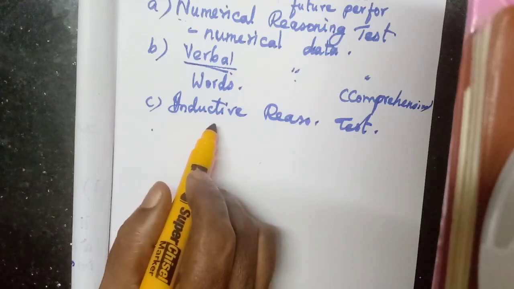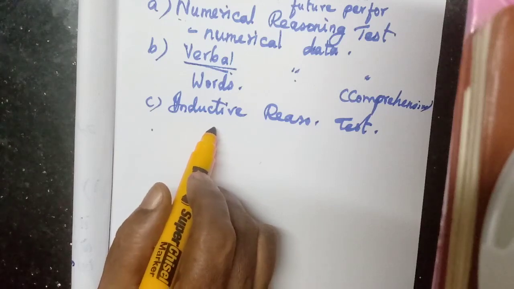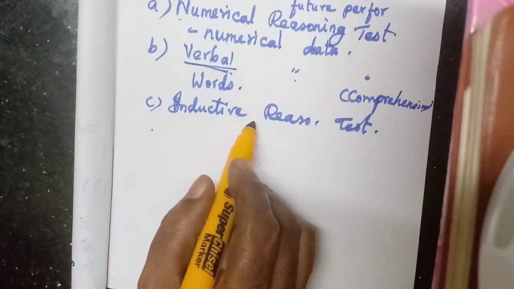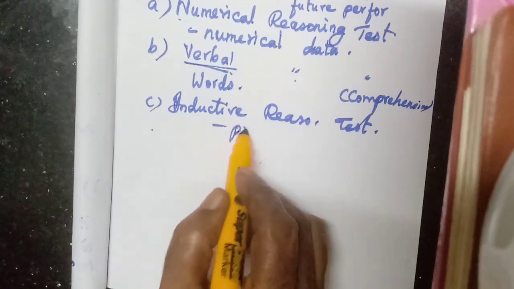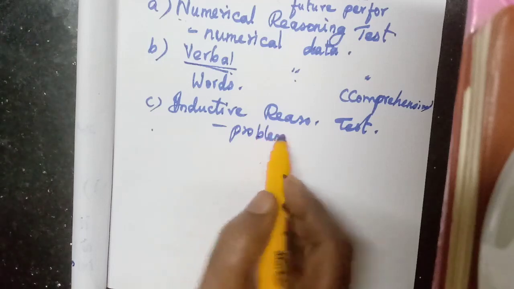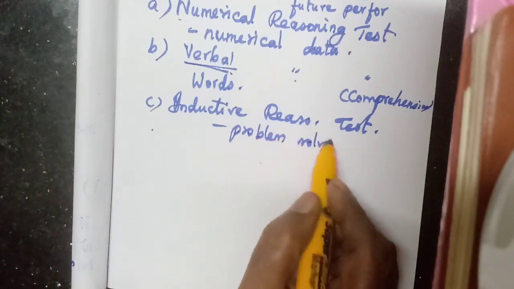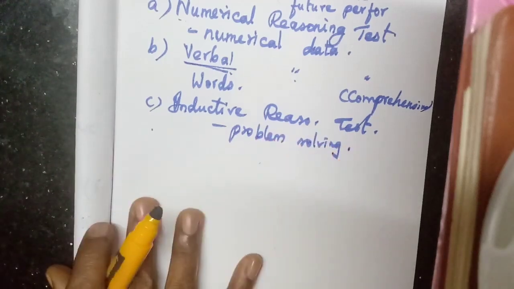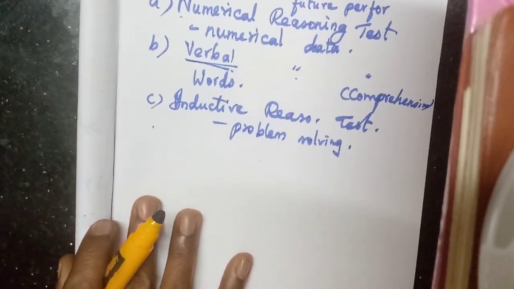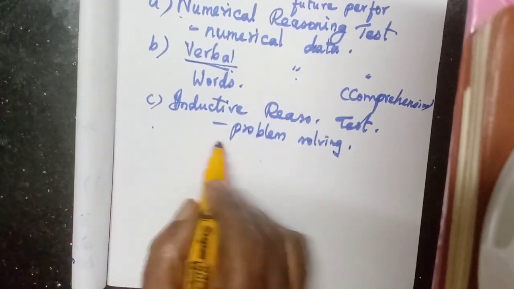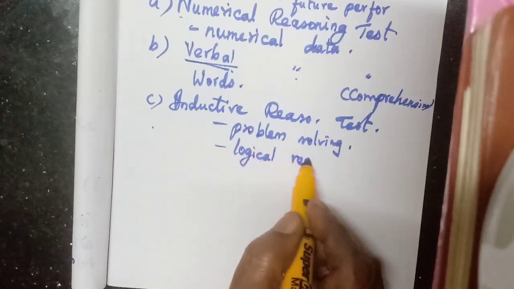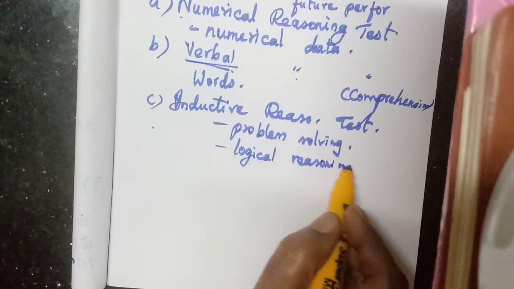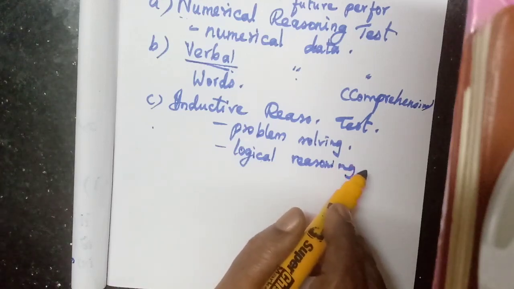In that place, how that person will react and how he will solve the problem. That means the problem solving capacity of the person, how he uses his logical thinking. They will check the logical reasoning capacity of the applicant.